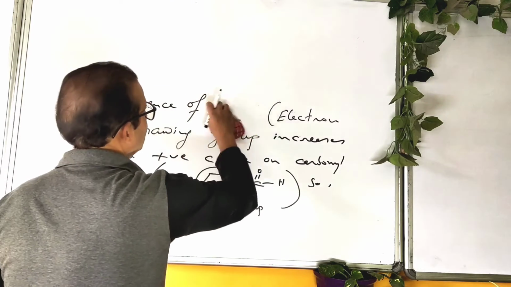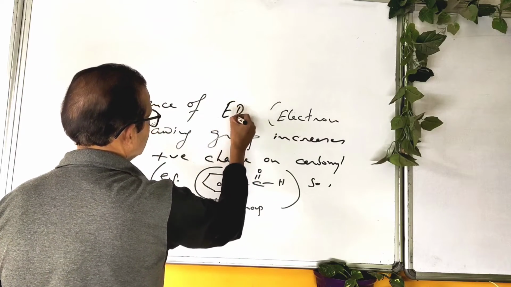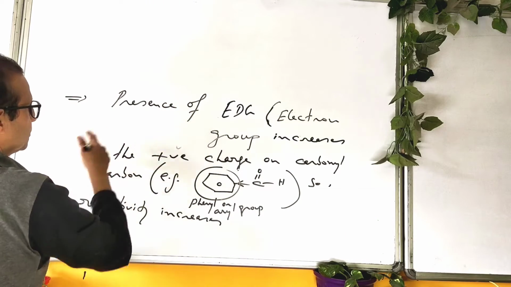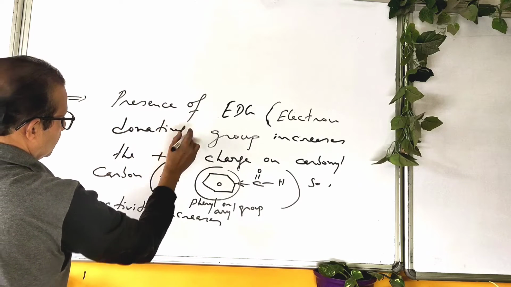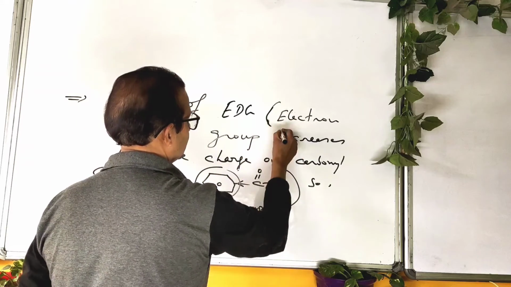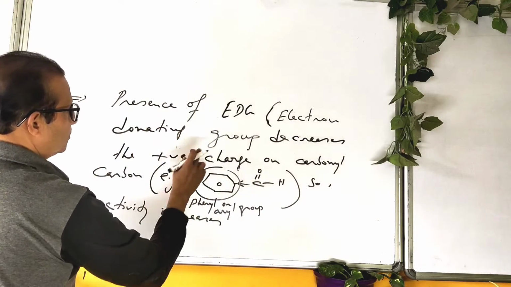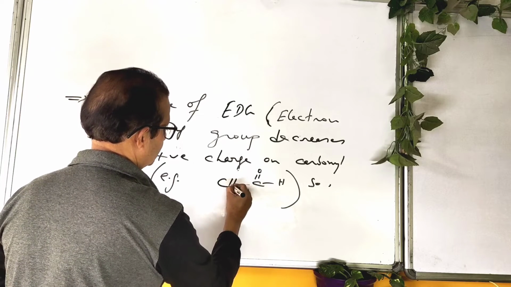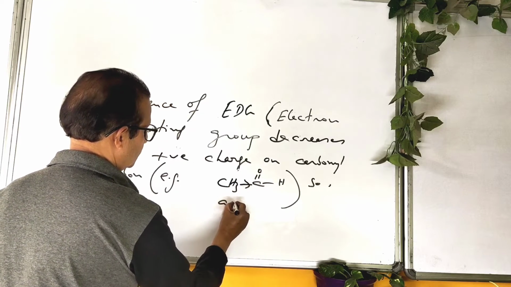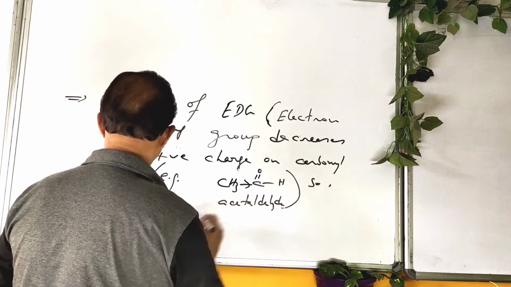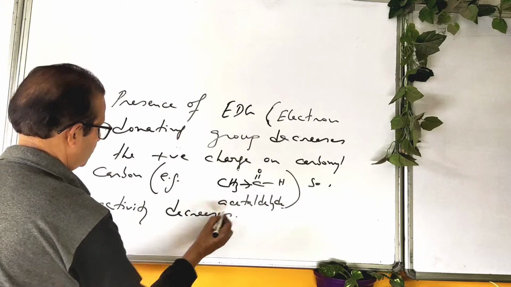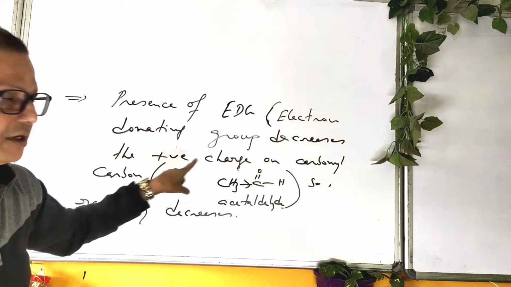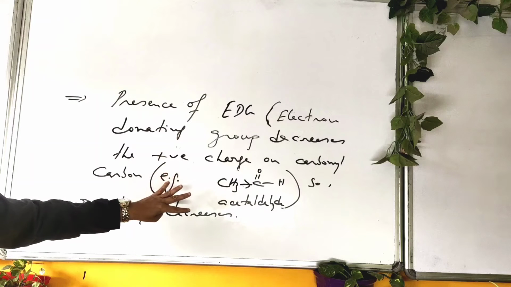So write down, the presence of an electron donating group decreases the positive charge on carbonyl carbon, so reactivity decreases.